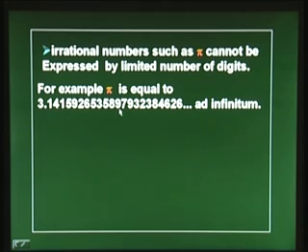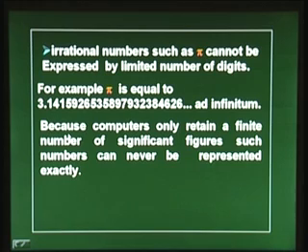How many digits I can store depends on how many significant digits I would have in my storage. So the message here is that since the computer can retain only a finite number of significant figures, such numbers, that is irrational numbers, cannot be represented exactly.